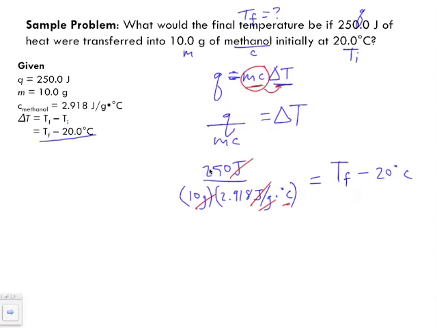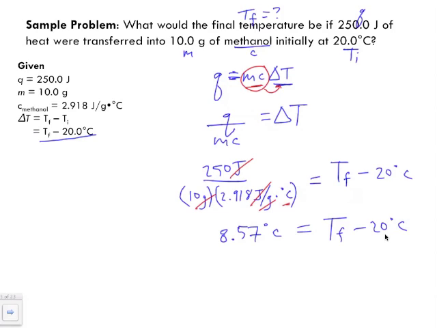So when we do this calculation, I'm going to do this part here of the equal sign first, and I'm going to get 8.57 degrees Celsius equals TF minus 20 degrees Celsius.